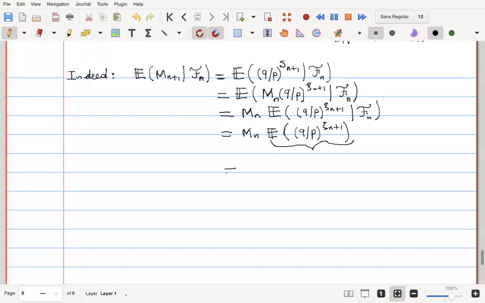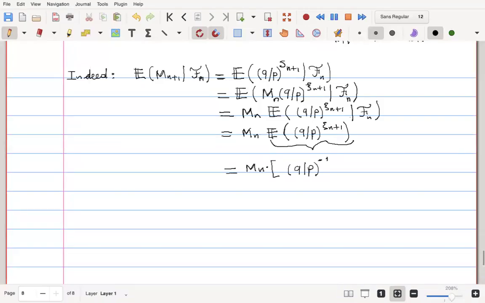So this will give us M n times that expression. Now I will substitute the values there. So that will be q by p, the value taken by this random variable when psi n plus 1 is -1.